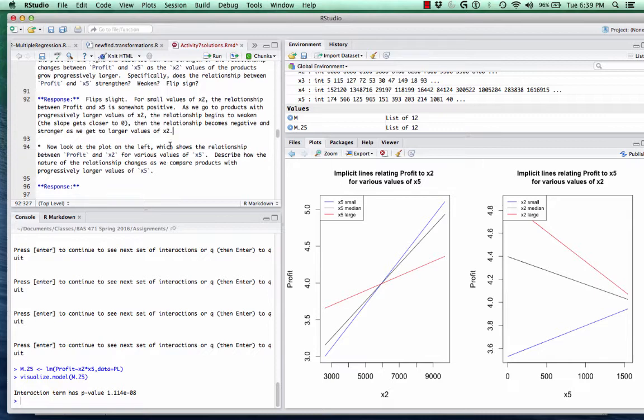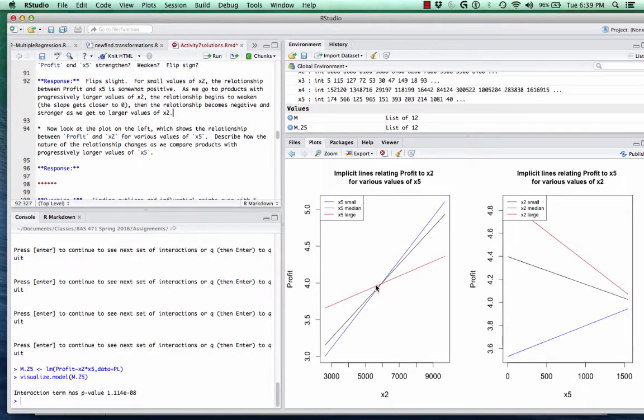That's pretty interesting. All right, now let's look at the plot on the left, and this is showing the relationship between the profit and x2 value of the products. And let's do the same sort of thing. Let's describe how the nature of the relationship changes as we compare products with progressively larger values of x5. So when x5 is small, we're looking at the blue line here, and we see that the relationship between profit and x2 is strong and positive. As we go to products with progressively larger values of x5, we go from the blue line to the black line to the red line.